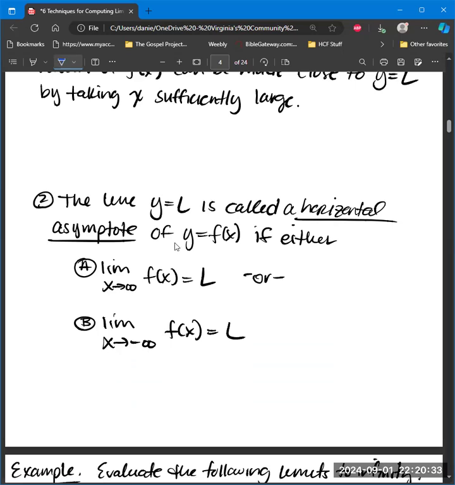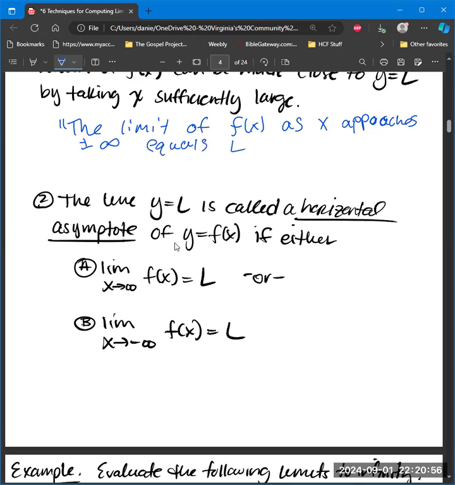We would say something like the limit of f of x as x approaches plus or minus infinity equals L.